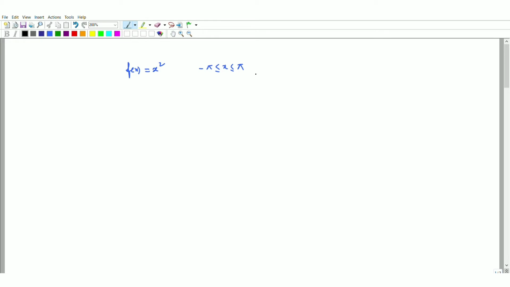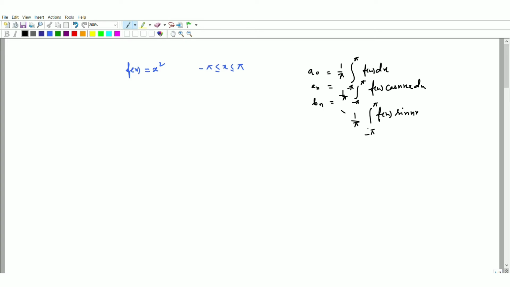If you find the Fourier series with the coefficients a0, an, and bn, you will use those Euler relations for Fourier coefficients: 1 by pi integral from minus pi to pi f(x) dx, 1 by pi integral of f(x) cos nx dx, and 1 by pi integral of f(x) sin nx dx.